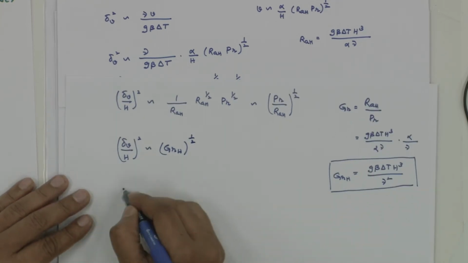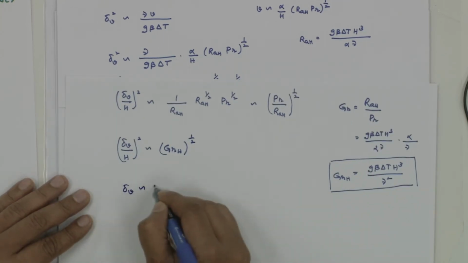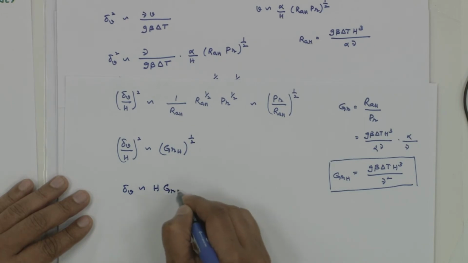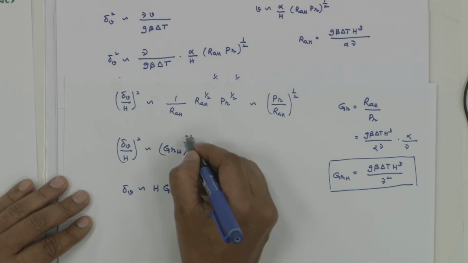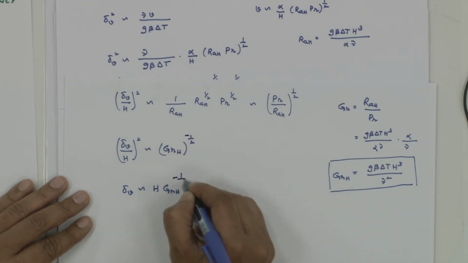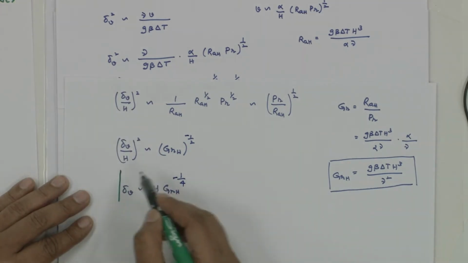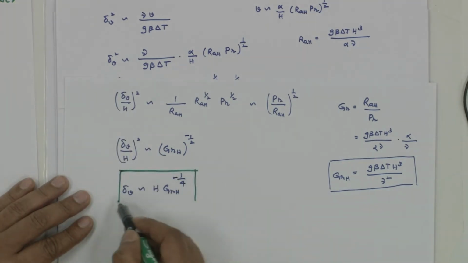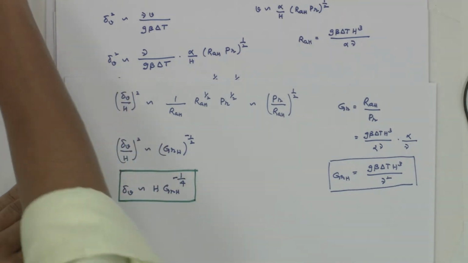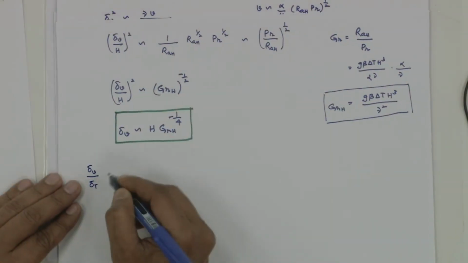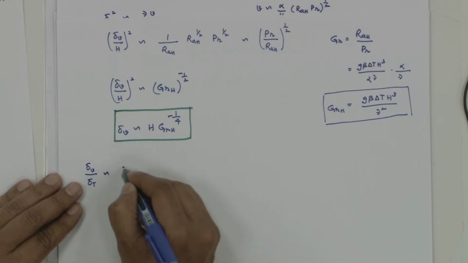So delta V is of the order of H Grashof number to the power of, this is actually, minus 1 by 4. Always for boundary layer thickness, Grashof or Rayleigh number should have a negative power because it is resistance. So it is intuitive. Now if I find delta V by delta T is of the order of, what is delta V?